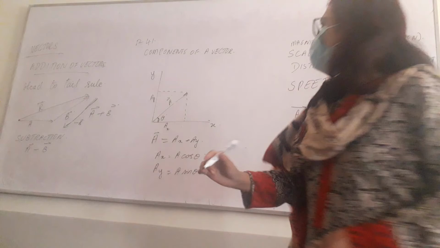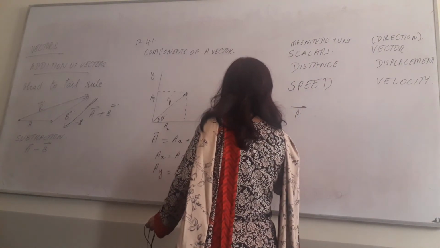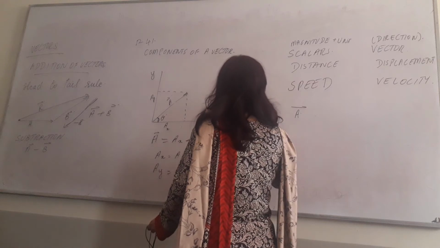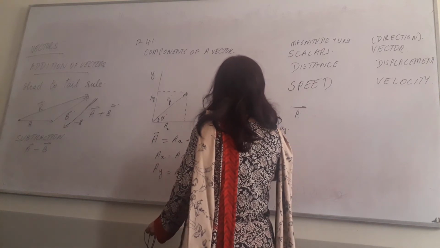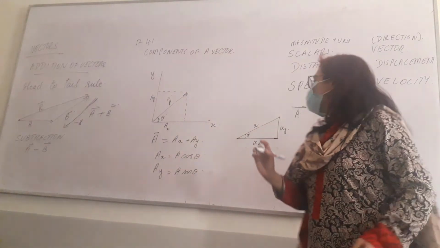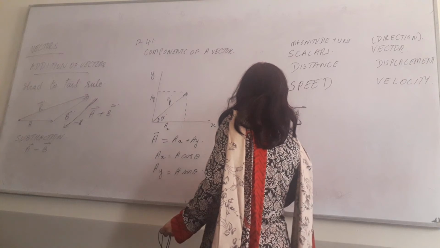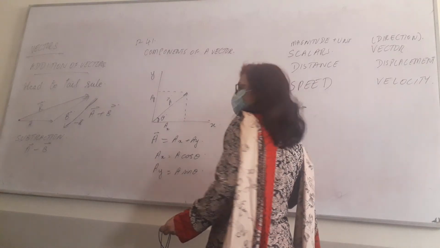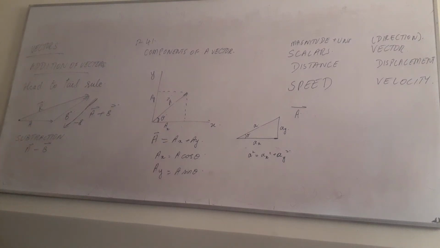If we have this triangle, this is theta, this is Ax, this is Ay and this is A. Then A squared is equal to Ax squared plus Ay squared. Is that right? So this is known as the Pythagoras theorem.